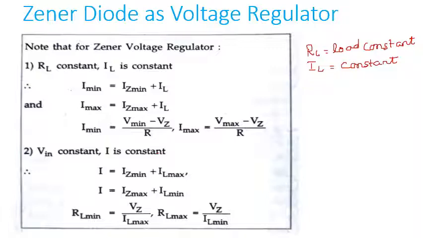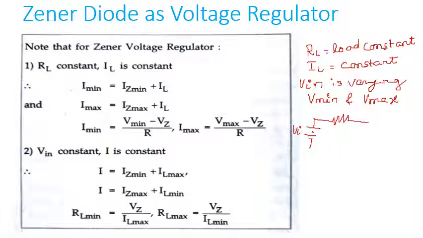That means input is varying, Vin is varying, that varies between V minimum and V maximum. If you remember the circuit, the input Vi is connected to an input resistance Ri, one end of which is Vi, the other end of which is Vz, where the Zener is connected, Vz or VL, both are the same, Vz.